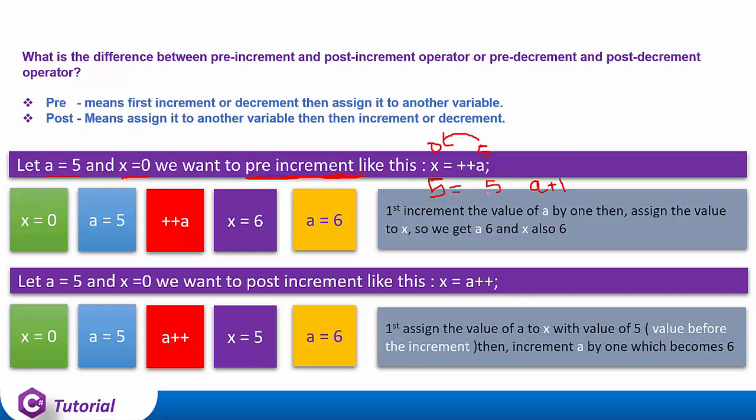Now a is holding the value of 6, which will also be given in the same direction to x, so it will be 6. So 6 and 6. The pre-increment: first we increment, then we assign.